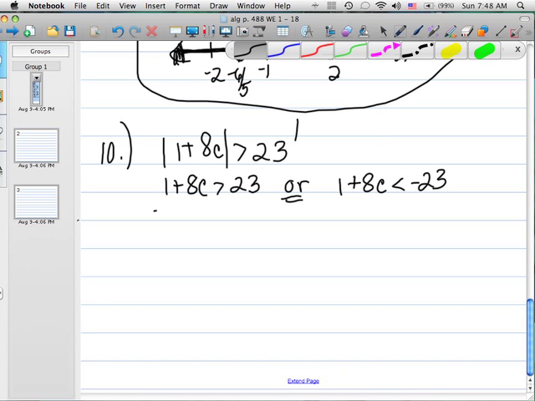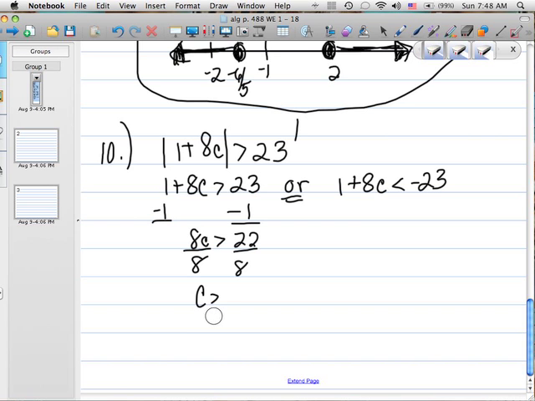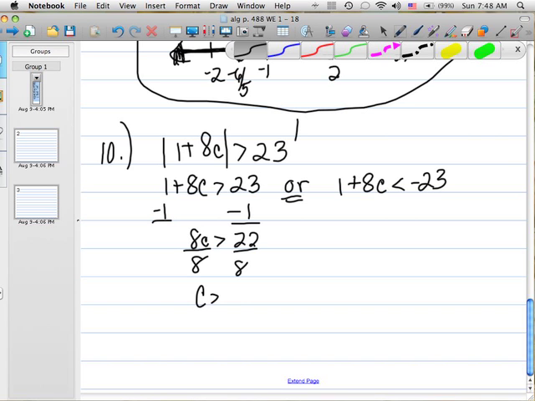Solving for c, subtract 1. We get 8c is greater than 22. Divide by 8, and we get c is greater than 22/8, which will simplify to 11/4.